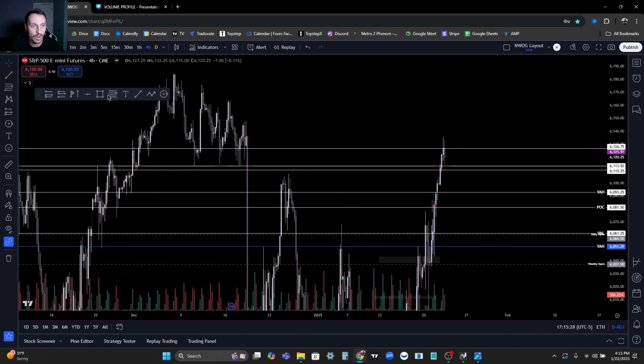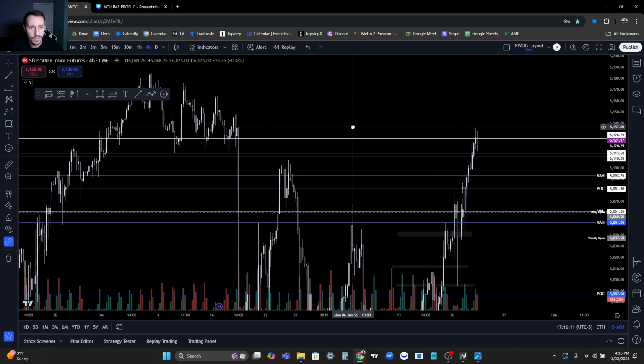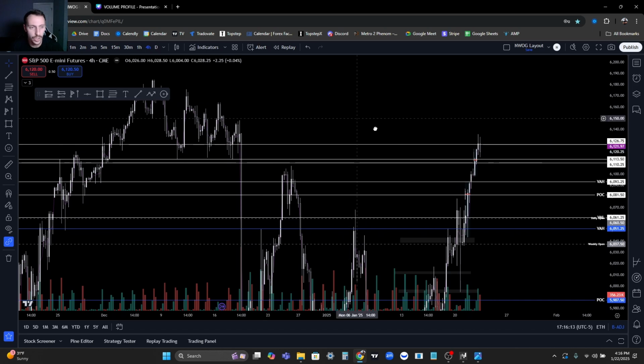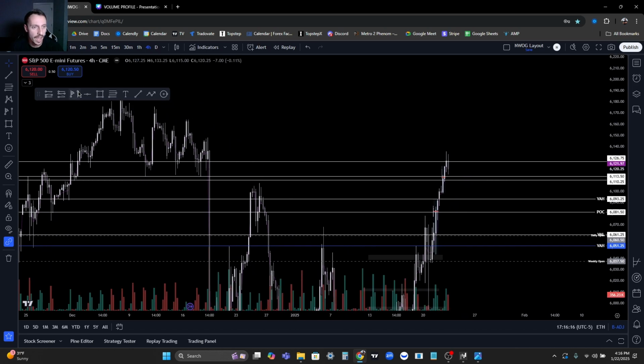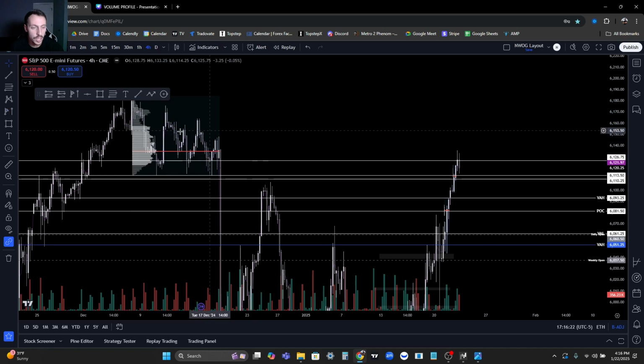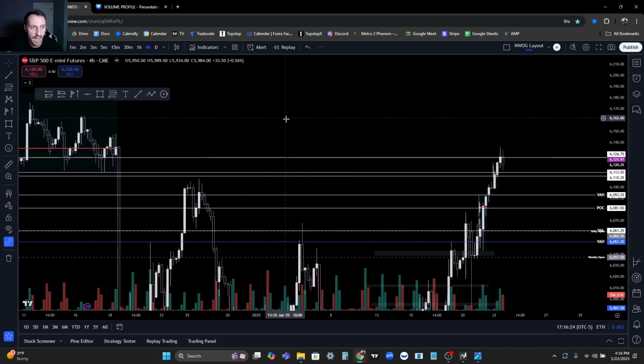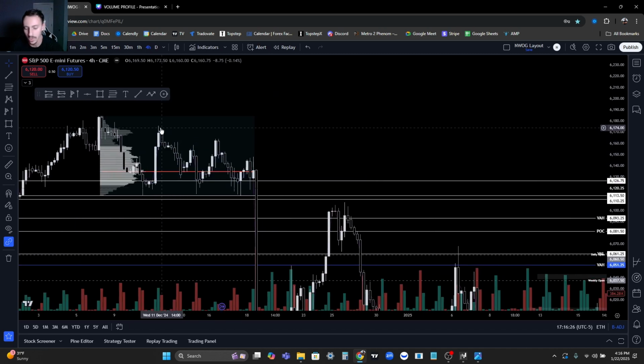You could mark out this volume profile of this consolidation right here. So this is the consolidation range closest to us, right? So we can mark out when we start consolidating here, right before we stop. You can mark out this, and you can use these high volume nodes as potential targets, right?